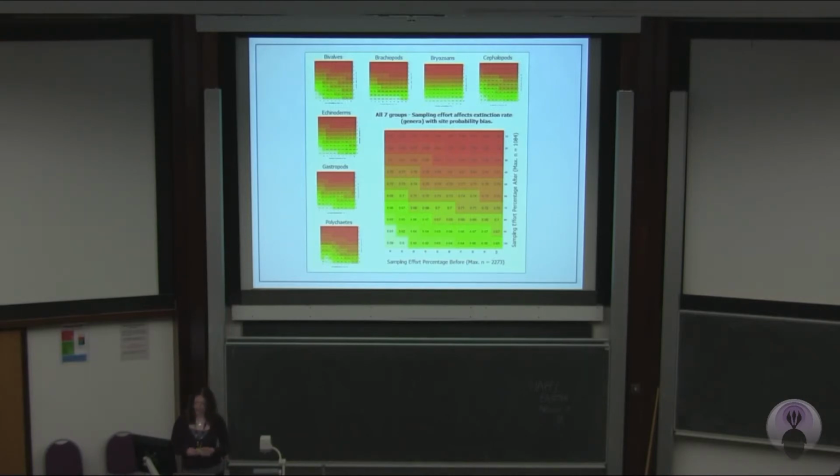You can also see that the effect of the sampling in the Danian has a bigger impact, so there's more of a difference in the extinction than there is for the Maastrichtian. And this is because in the Maastrichtian there's quite a lot of data, and each new thing that you find is just one extra bit within everything.